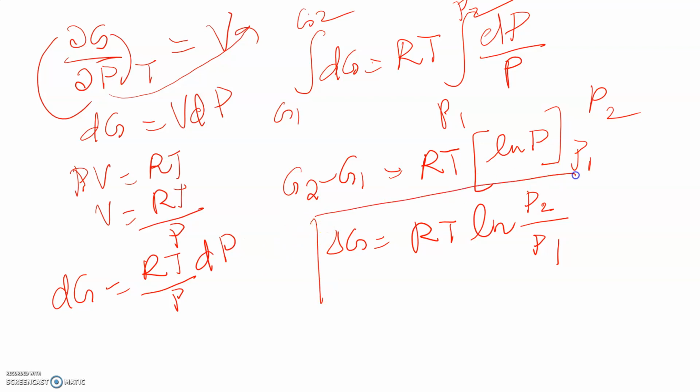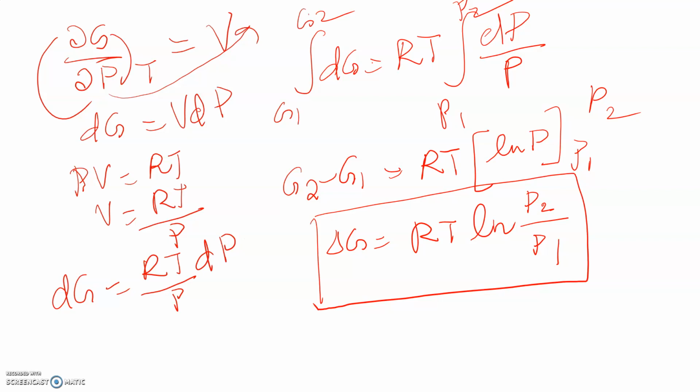This is the equation for calculating delta G if we are given the pressure at two different conditions. Delta G is equal to RT ln P2 by P1. You have to remember this equation. You will get problems, and in order to solve the problems you need this equation.